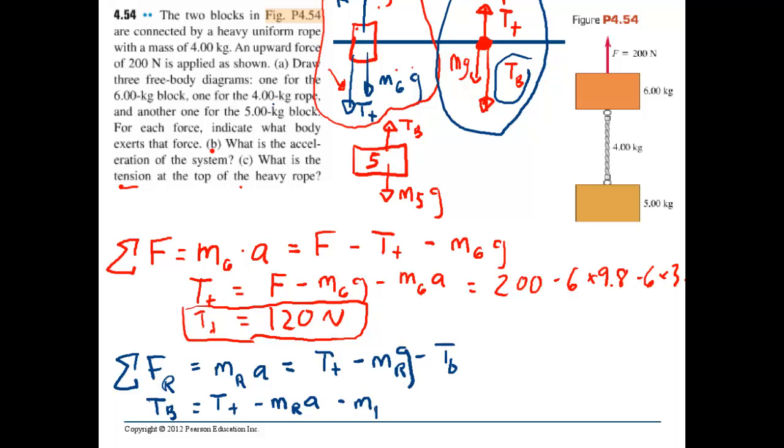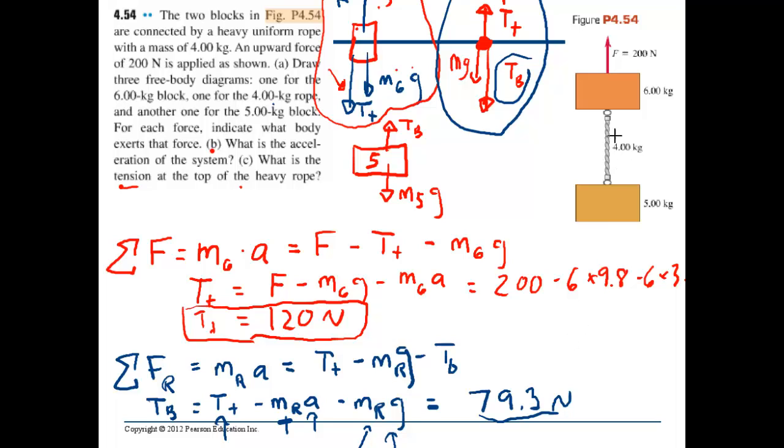Minus the mass of the rope multiplied by gravity. Now, I know what that is. I know what that is. This is 3.53. I know what that is, and I know what that is. So I can go ahead and plug all those in and come out with 79.3 newtons.